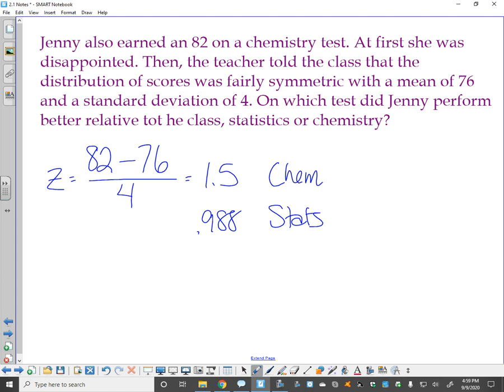For chem, she is 1.5 standard deviations above the mean. For stats, she's only 0.988 standard deviations above the mean. Remember, z-score measures how many standard deviations away from mean.